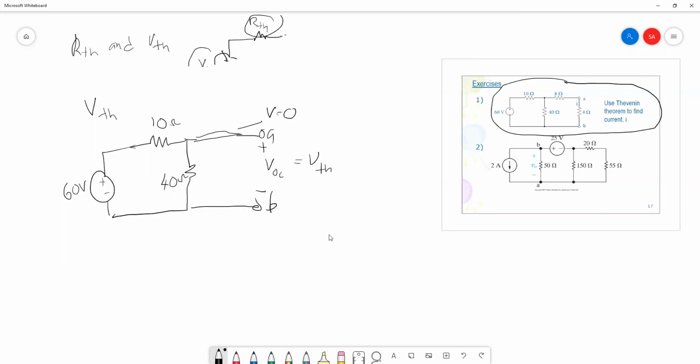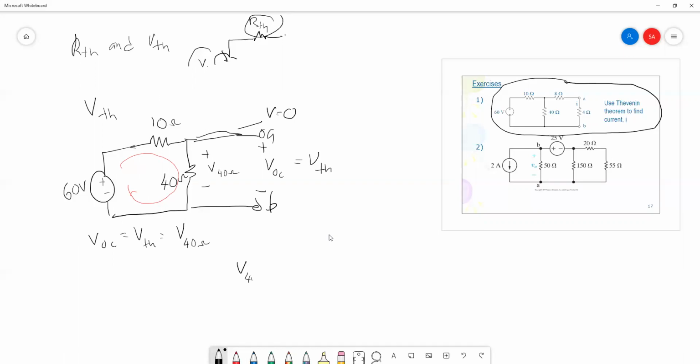So right now the terminal A and B is equal to the voltage drop across 40 ohm. So your VOC, which is your V Thevenin, is the voltage across 40 ohm. And from here, you can see that this is a single loop. So you can simply use voltage division.